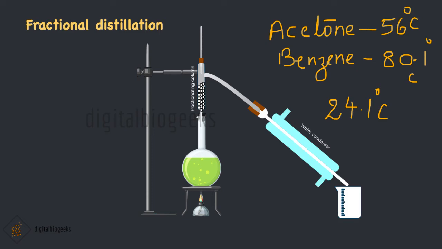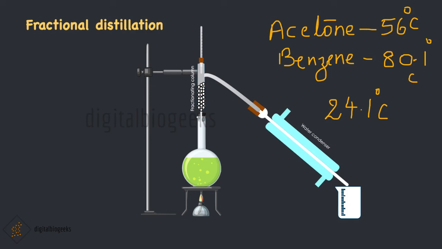The apparatus is same as that of distillation process. The only difference is that we connect this fractionating column to this distillation flask. Take a stand and place the distillation flask. Pour the mixture of acetone and benzene into the flask. Fix a fractionating column on the flask.